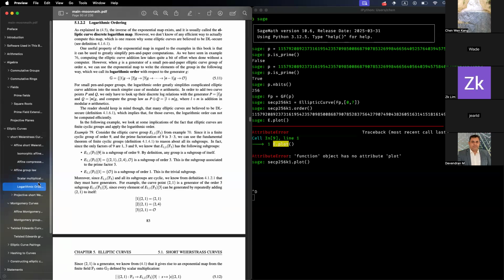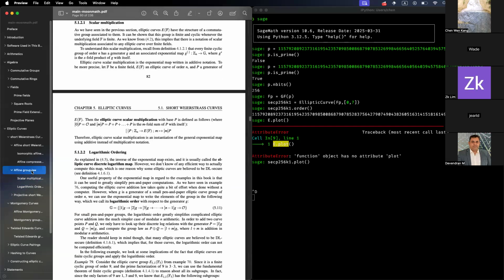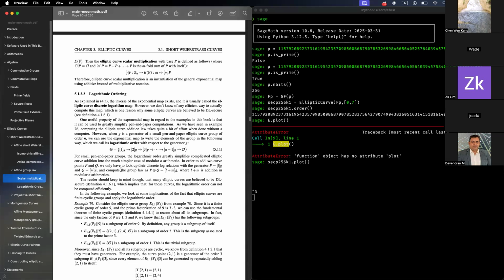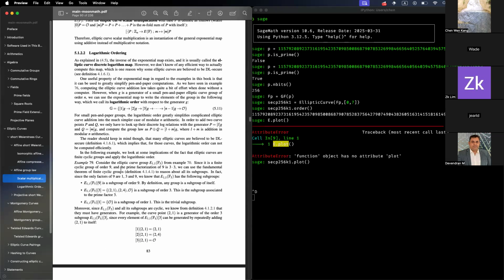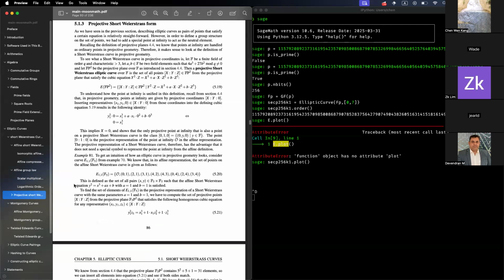So affine group law, scalar multiplication, logarithmic ordering, projective short Weierstrass form.